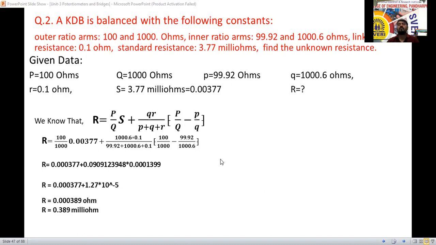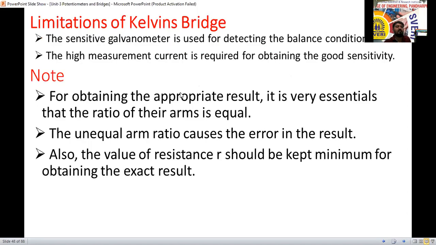Okay, so that completes the Kelvin double bridge, but it has some limitations also. We are going to discuss the limitations of the Kelvin double bridge. A sensitive galvanometer is used for detecting the balance condition. That is a very sensitive element.